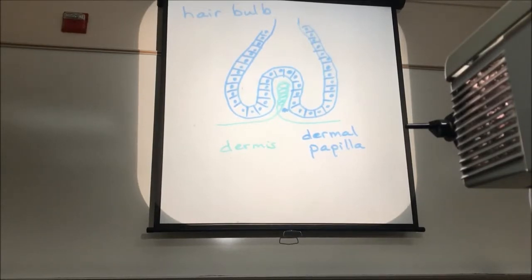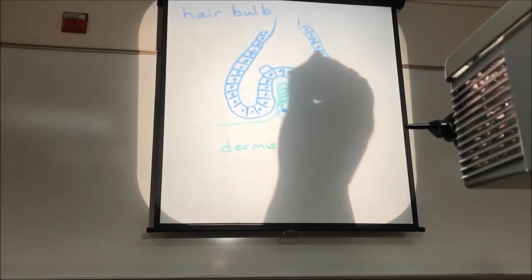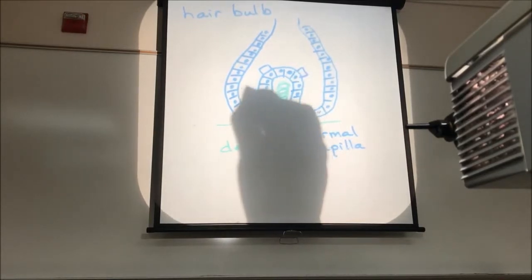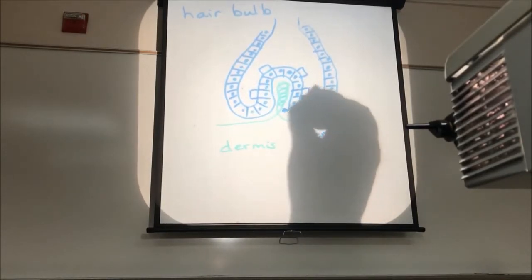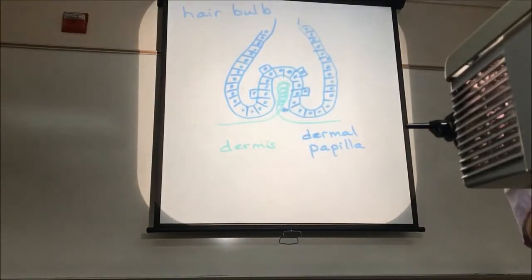So these cells that are here by the dermal papilla are going to reproduce and divide fairly often. They're going to make new cells that are going to push out into the space of the hair bulb.